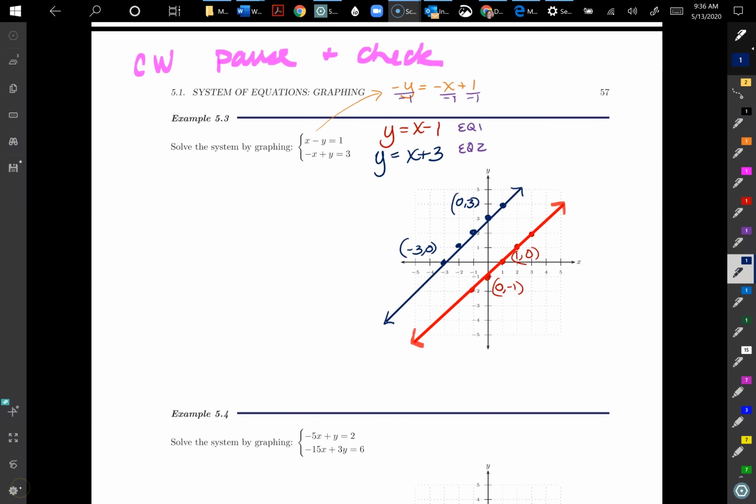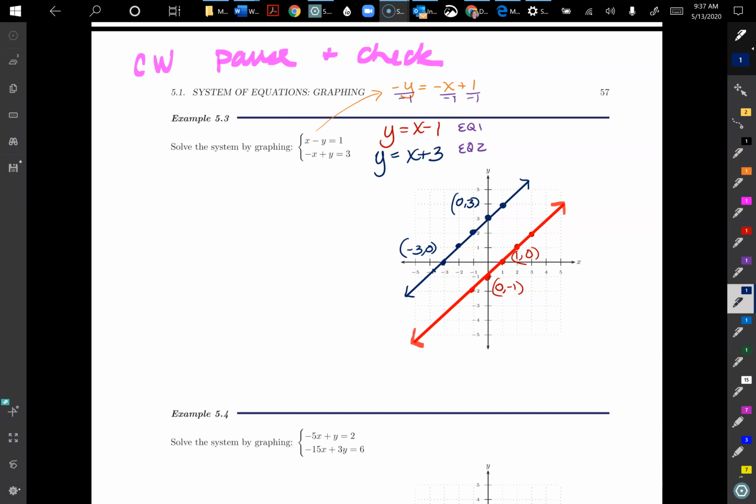Okay, so here are my lines. Sorry, this one's a little off. I'll try to adjust that. We have our two lines. We have parallel lines. I did label the points, so you can see usually we label the intercepts. So this one is equation 1.